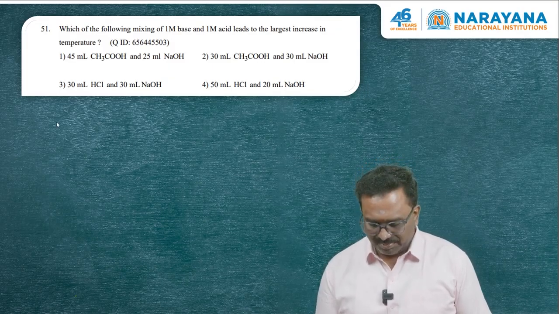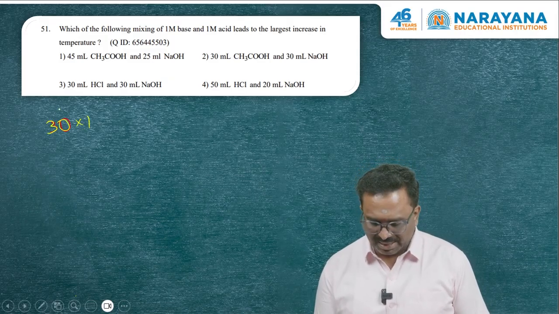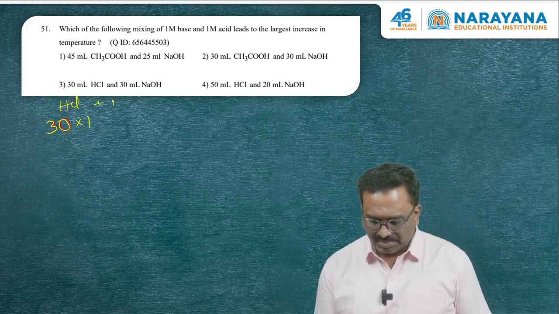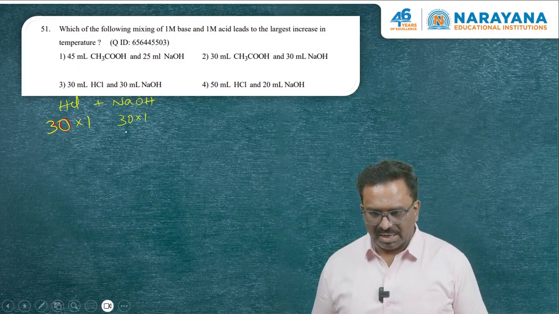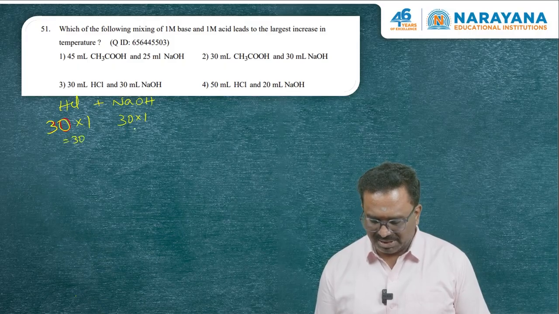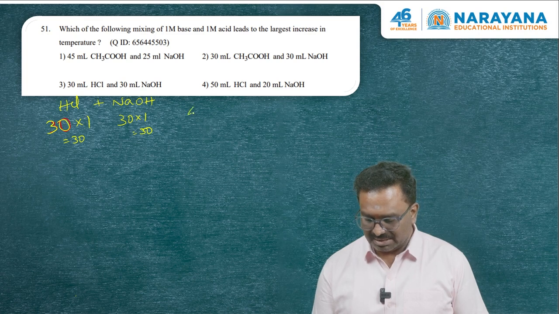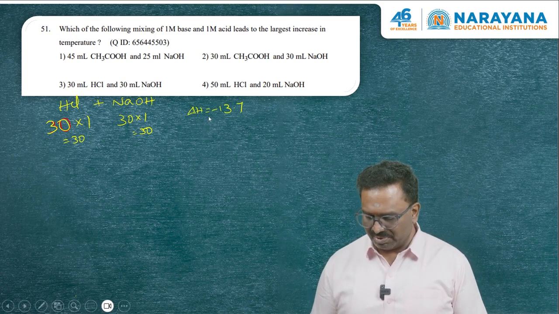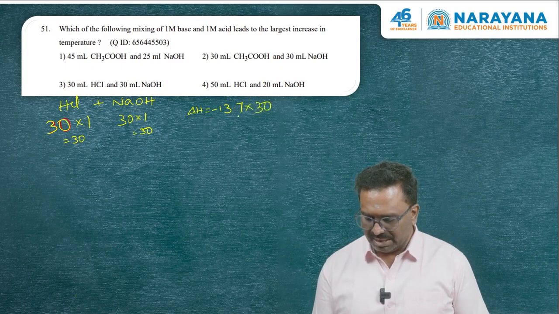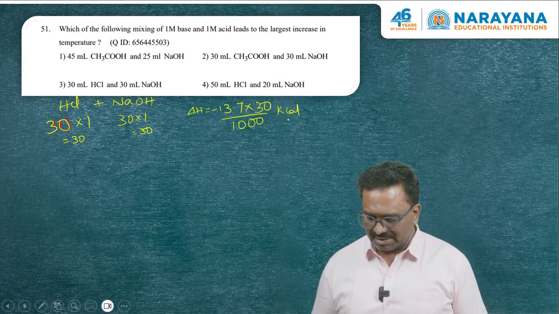In the case of 30 milliliters of 1 molar HCl with 30 milliliters of 1 molar NaOH, which is 30 millimoles each, the energy released is delta H, minus 13.7 kilocalories per 1 mole. Here we have 30, so this is the energy released in kilocalories.